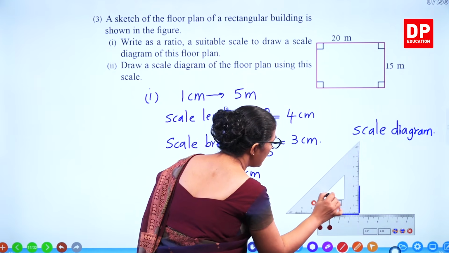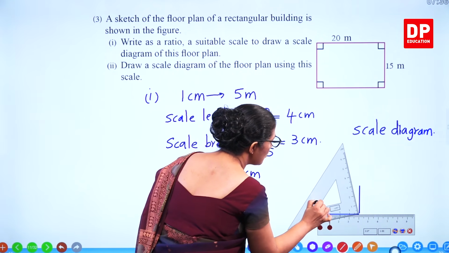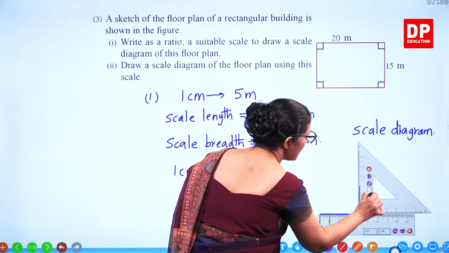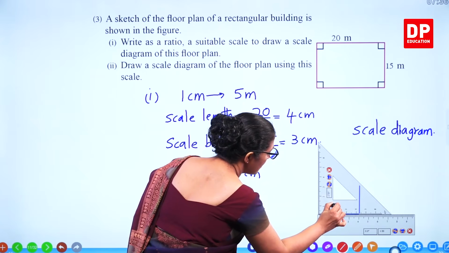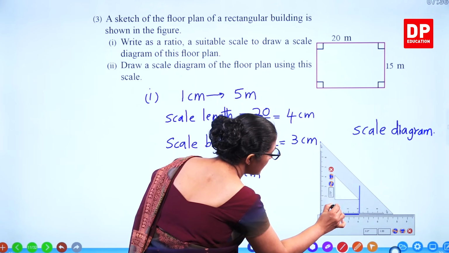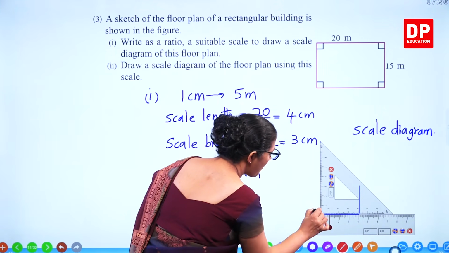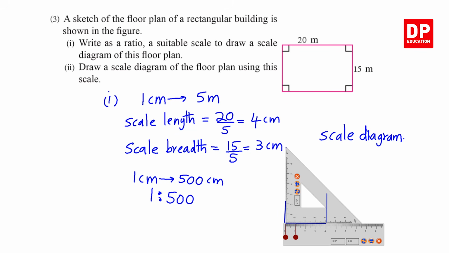Then again you can turn this upside down and draw the other side. Here you keep it and draw the 3 centimeter length here.